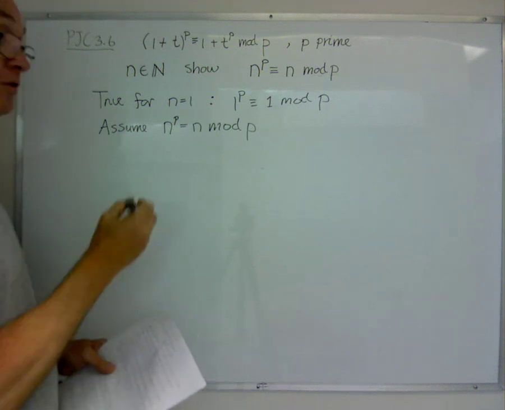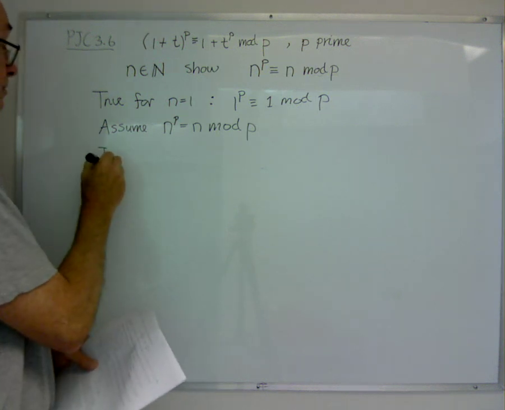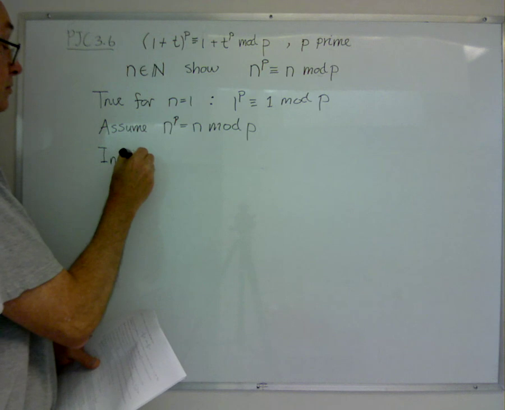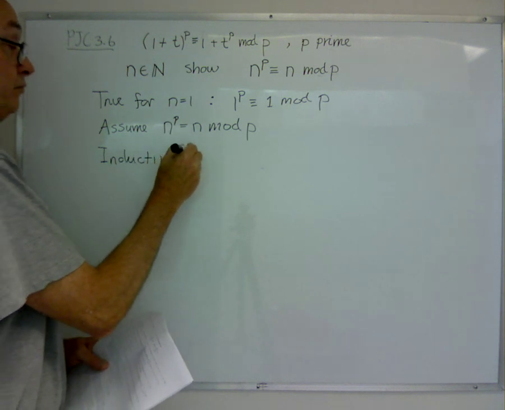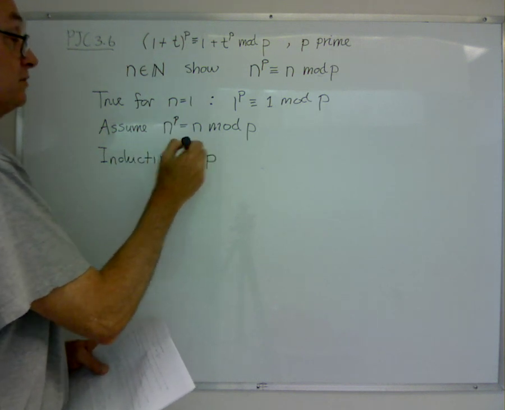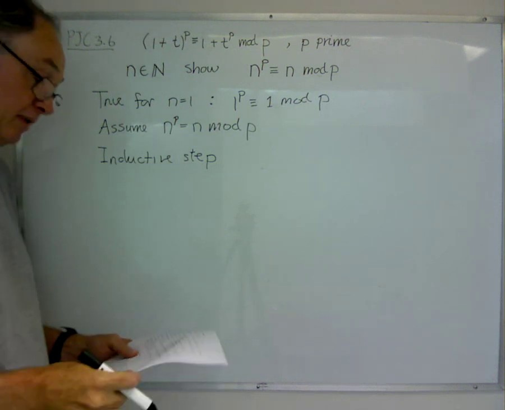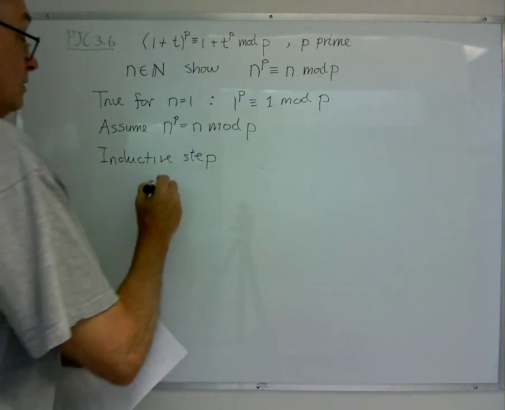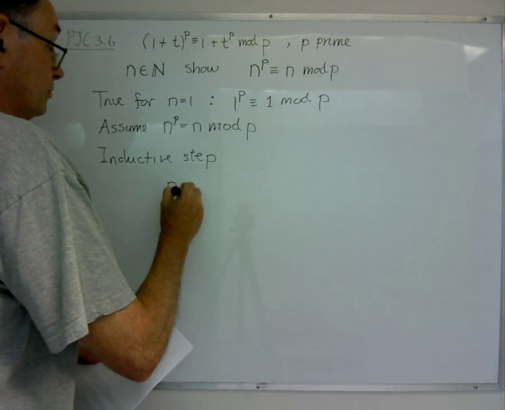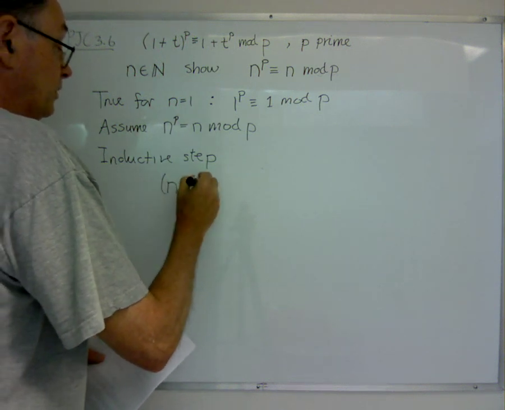Now you do the inductive step. The inductive step, of course, you replace n by n plus 1, and you hope you can show that it remains true. So (n plus 1) to the p.